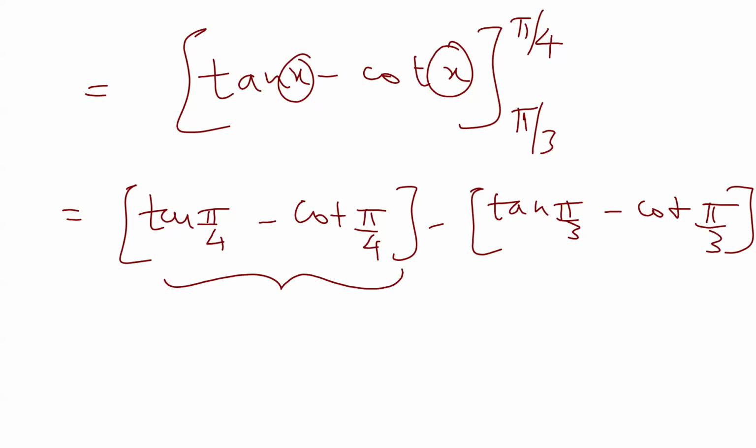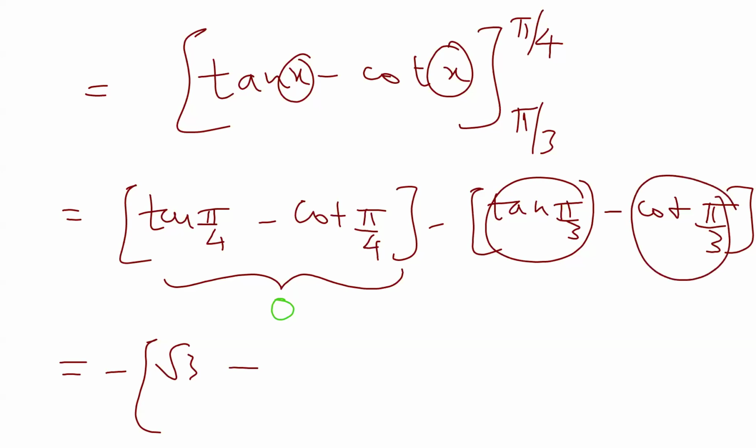What is the value of the first bracket? Can someone tell me? 0. The value of the first bracket is 0. Tan 60 is root 3.